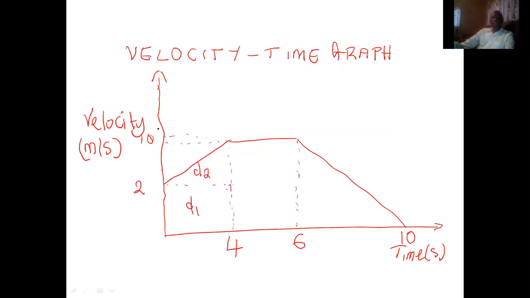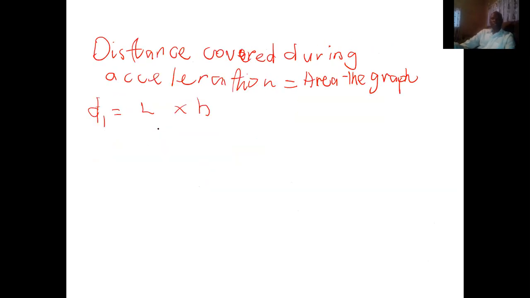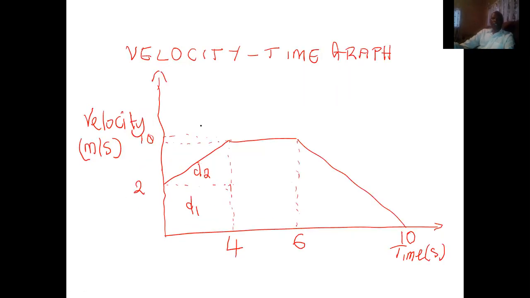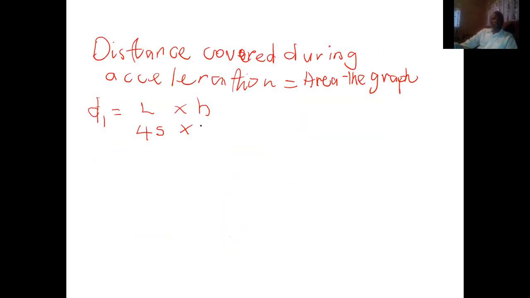The length is 4 seconds multiplied by the height, which is 2 meters per second, the height being the velocity.